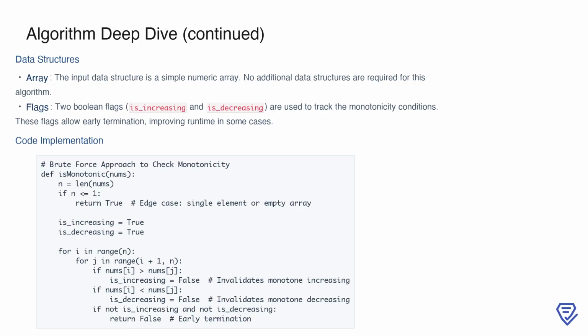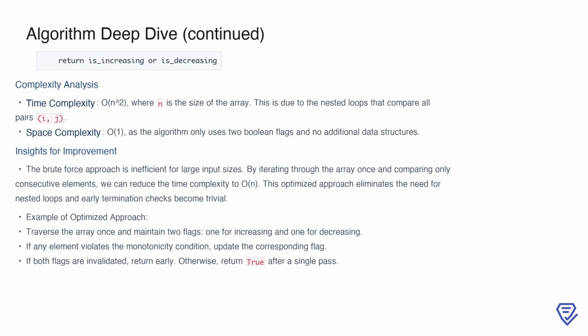While this method is straightforward, its inefficiency lies in the O(n²) time complexity, as every pair of elements is compared. This is demonstrated in the Python implementation, where we check all pairs and use the flags to track violations of monotonicity. Finally, the algorithm concludes by returning whether either the is_increasing or is_decreasing flag remains true, indicating monotonicity.